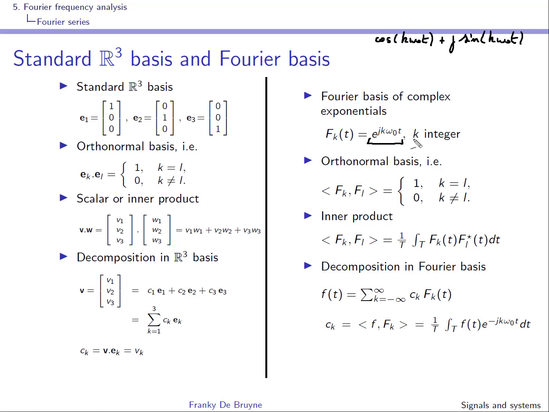There is also another difference. Here in our basis we have an infinite number of functions. Here we had only 3. Here k is an integer, so we have an infinite amount of functions in the basis.